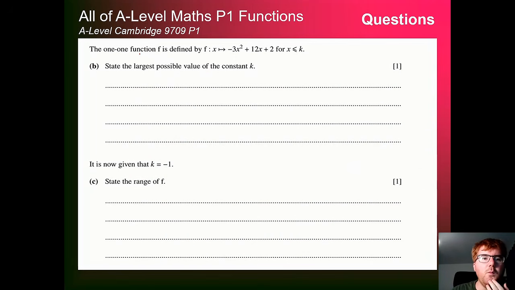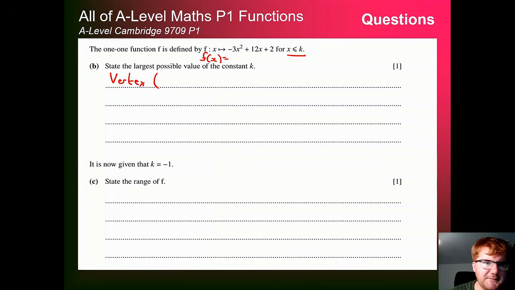Right, the one-to-one function f is defined by, don't be confused by this notation, this just means f of x here equals minus 3x squared plus 12x plus 2, so what we just had, for x less than or equal to k, and state the largest possible value of the constant k. Well, I kind of talked about this in the previous question.